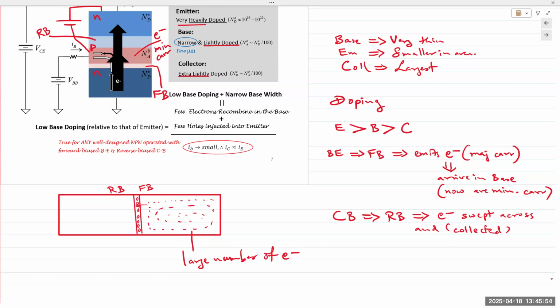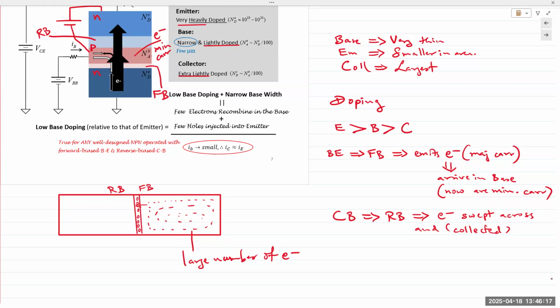Okay. So the key point here is the emitter has a large number of electrons that outnumber the number of holes in the base. If the base was the same size as the emitter, with approximately an equal number of holes as the electrons in the emitter, they would just recombine. You'd have large current flowing out of the base. That would be a normal p-n junction.